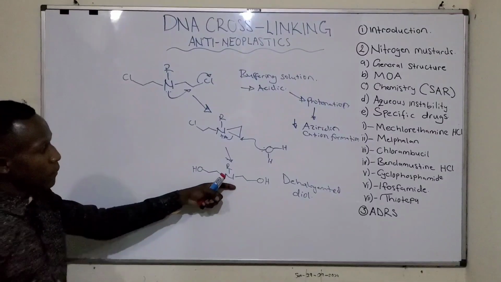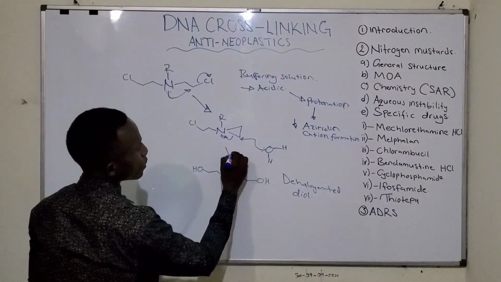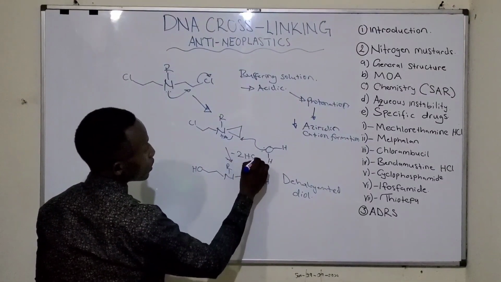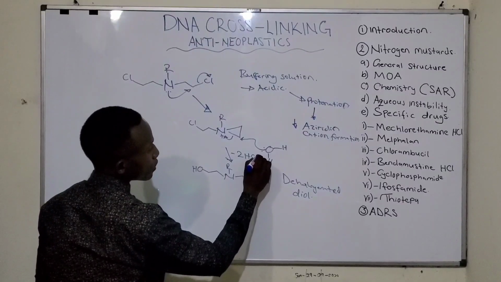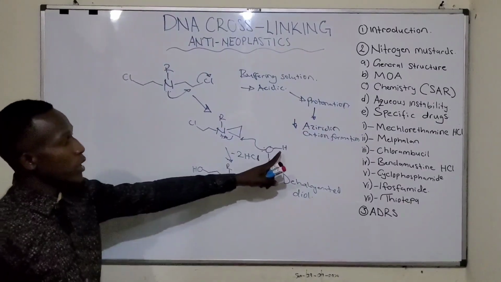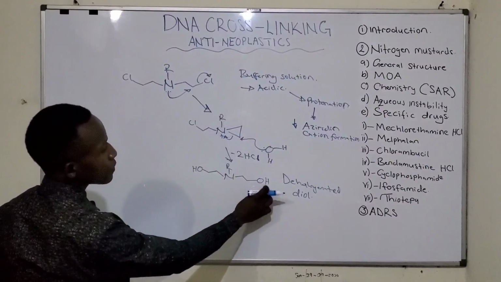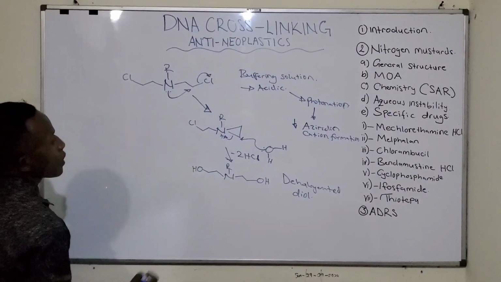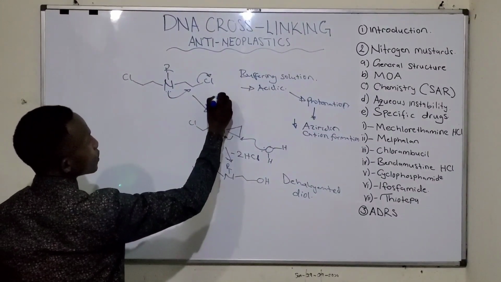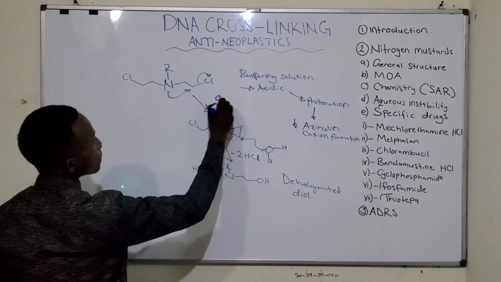Here we shall have loss of 2 hydrogen chlorides, 1 H from here and this chloride. This is the mechanism A.